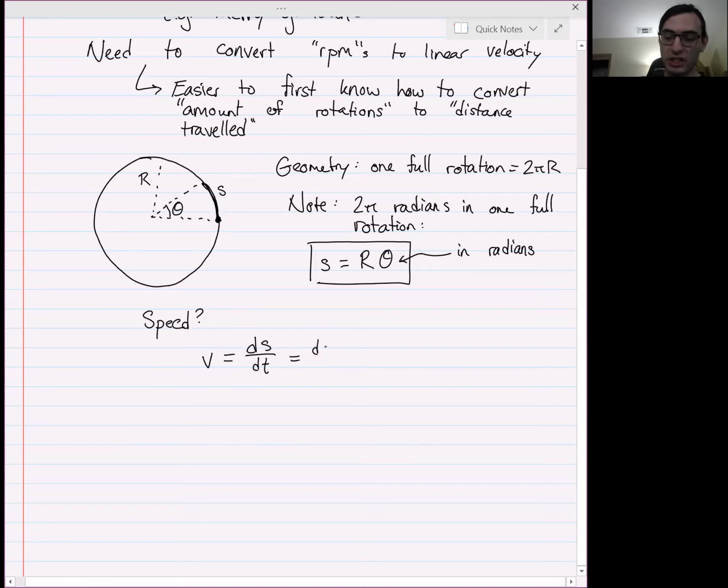So this is d of r times theta over dt. And for circular motion, the distance from your origin, the value r, is just a constant. So this is r d theta dt, where theta is the angular displacement. It is how many radians you have traveled, and it has to be in units of radians, by the way.